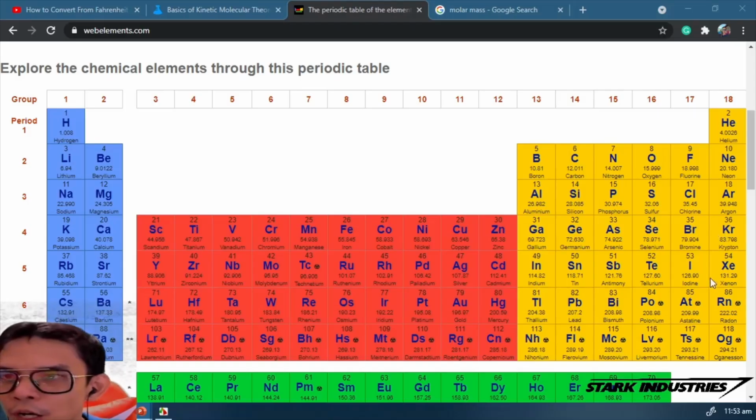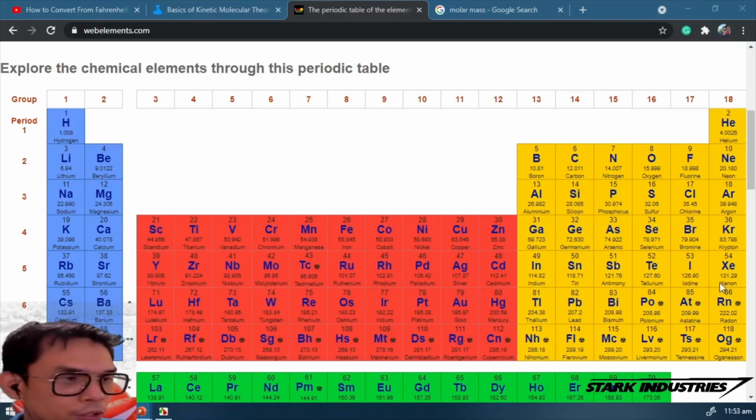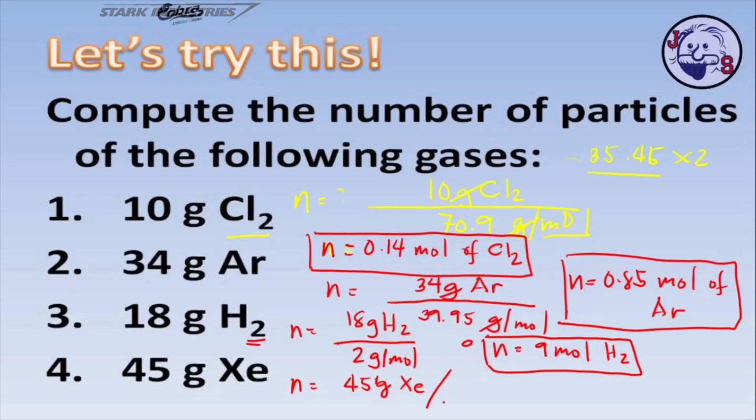Let's take a look. In this case, we have 131.29. So let's go back to our calculation: 131.29 grams per mole.